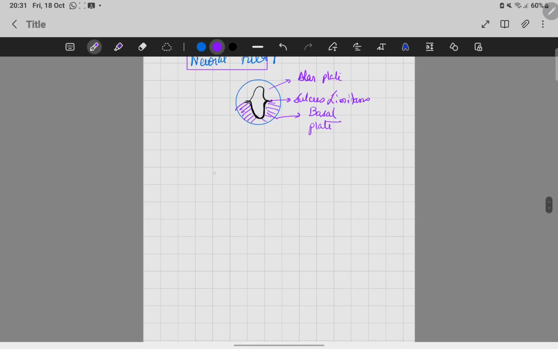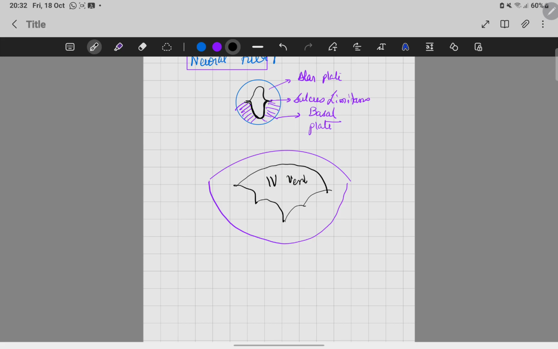Now a detailed diagram. This thing opens up like this, and this thing opens up like this. This is the 4th ventricle. Now I am discussing some nuclei.